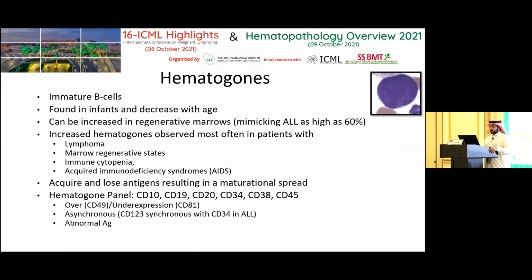Hematogones are immature B cells found in infants and decrease with age. They are increased and observed in patients with lymphoma, marrow regenerating states, and immune cytopenia, with acquired loss of antigen resulting in maturation spread. A hematogone panel uses CD10, 19, 20, 34. There is some overexpression of CD49 or underexpression of CD81, and asynchronous CD123 with CD34 in ALL.